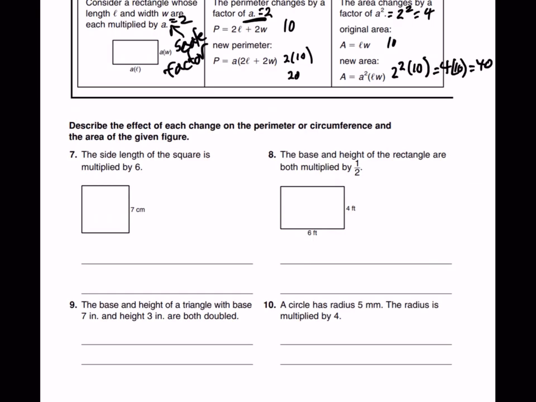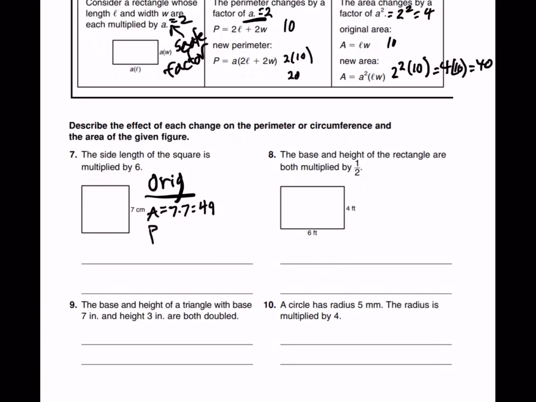All right, so let's look at some examples, I guess 4 examples. Number 7: the side length of a square is multiplied by 6. Let's first look at the originals. We want to find perimeter and area. The original area will be 7 times 7, which is 49.